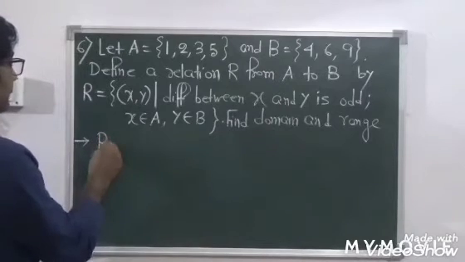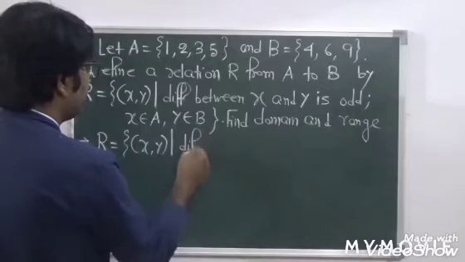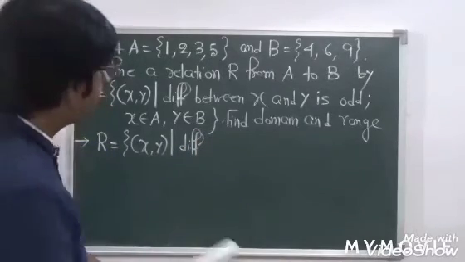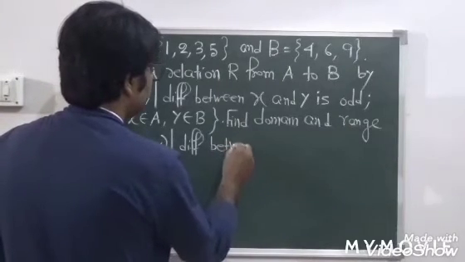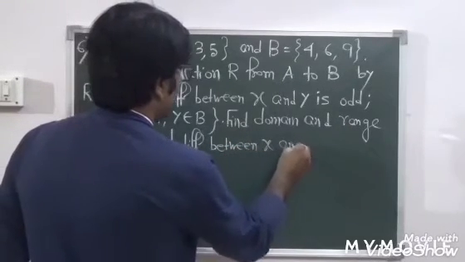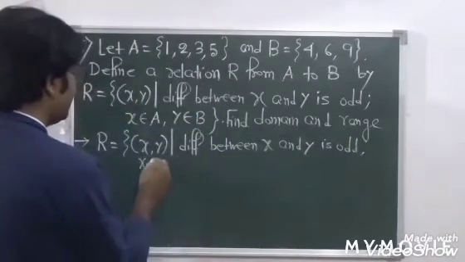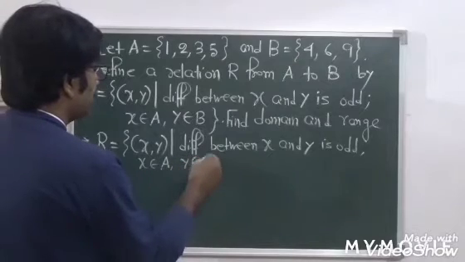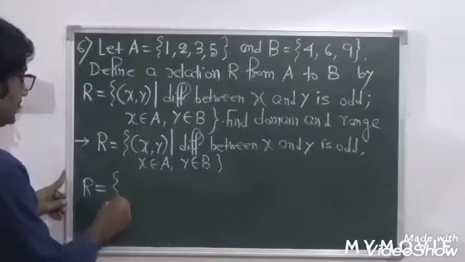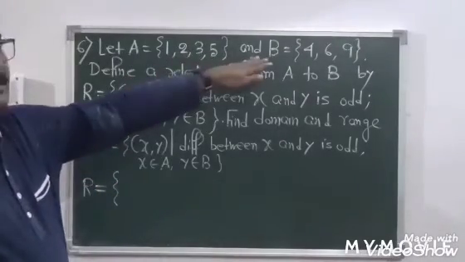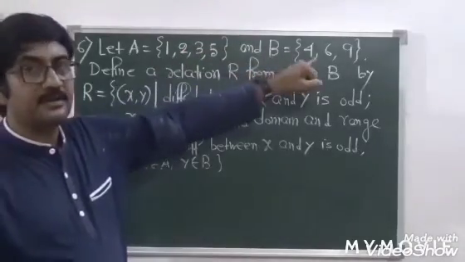The relation is given as (x, y) such that the difference between x and y is odd, and x belongs to set A and y belongs to set B. So let us define the relation as, if we move from set A to set B, such that the difference between the elements is an odd number.